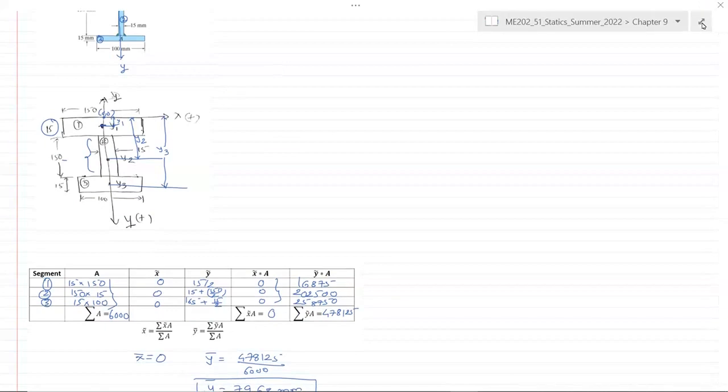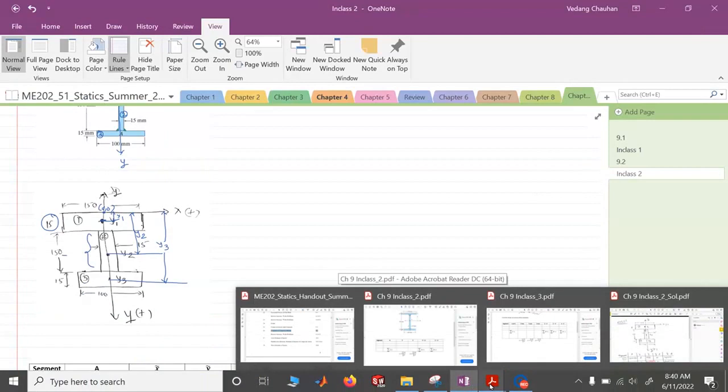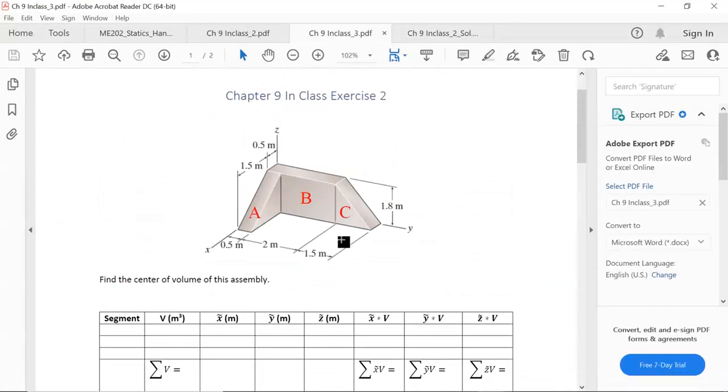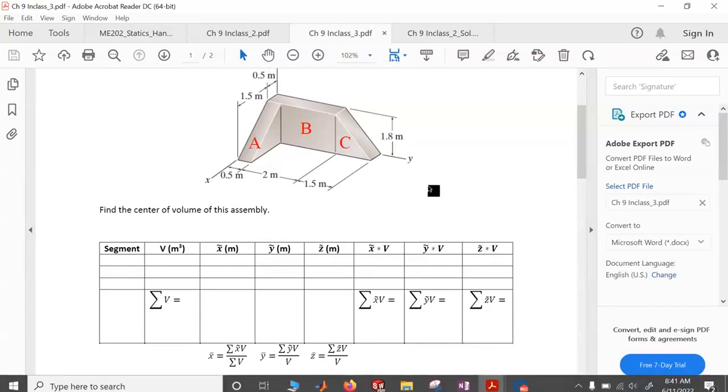And then next, in class exercise 3, it's this one. This is actually the in-class exercise which is a solved problem in the presentation. So I recommend you go through this problem from the presentation for topic 9.2. This is now for volume.